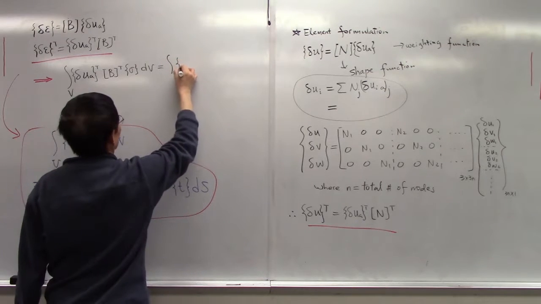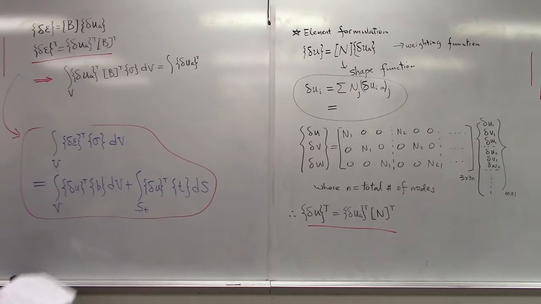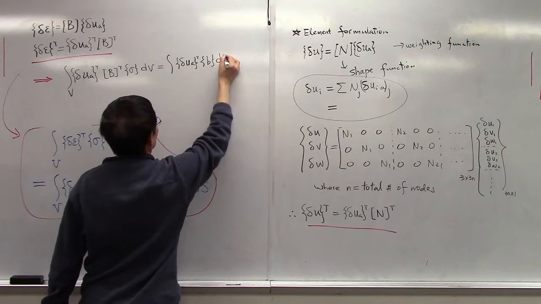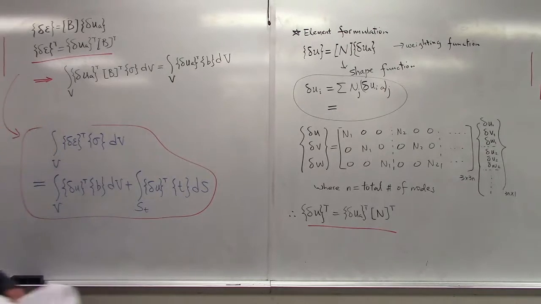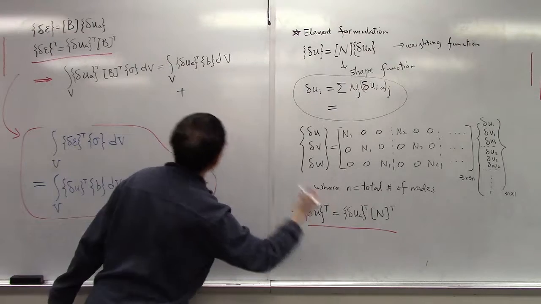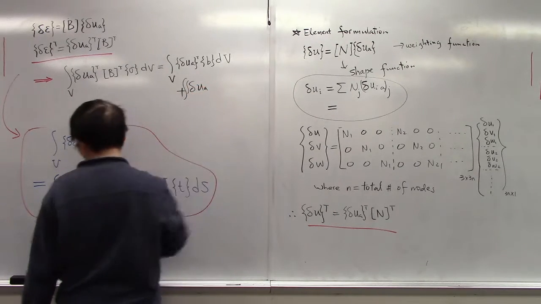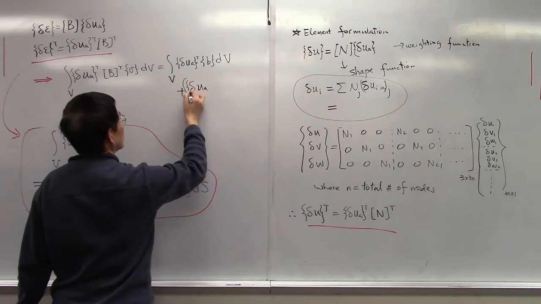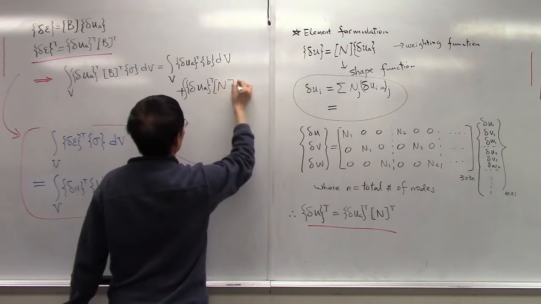Therefore, now we have the delta U vector at the node position transpose times this body force integrated with respect to volume over the whole domain, then plus this term, delta UA transpose times N matrix transpose.